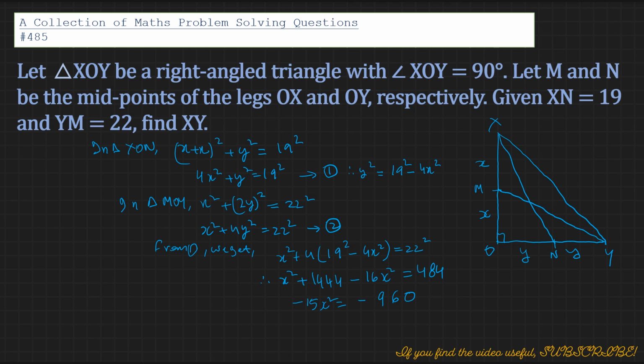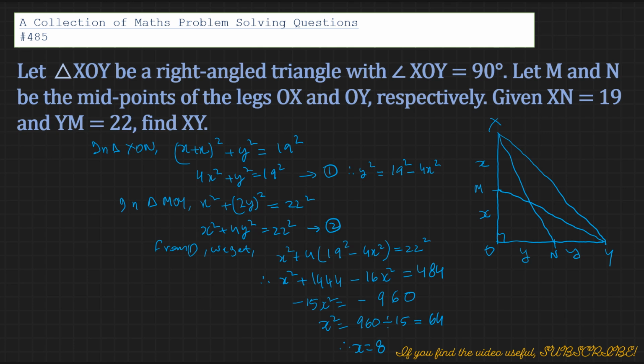So then I can say x square is 960 divided by 15, and 15 times 6 is 90, so 6 times 15 is 90, and then 4 times 15 is 60, so that's 64. So x square equals 64, therefore x equals 8. We can't have negative values, so x is 8.